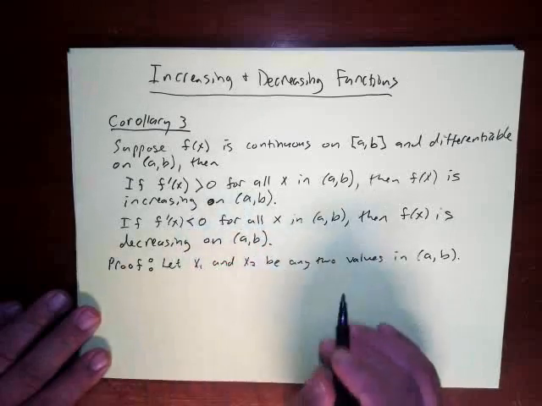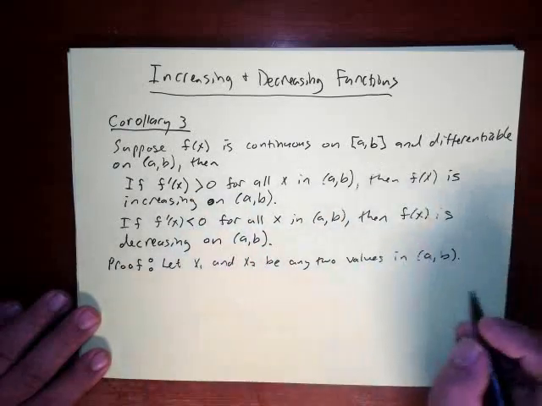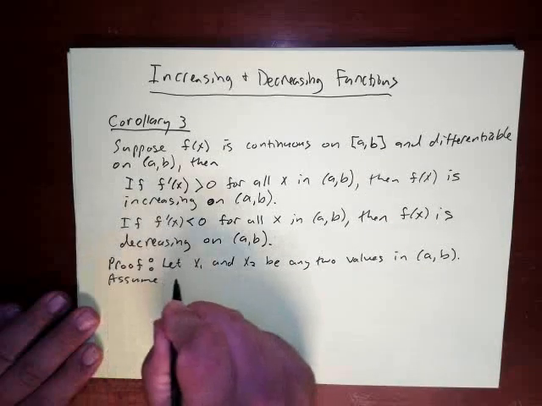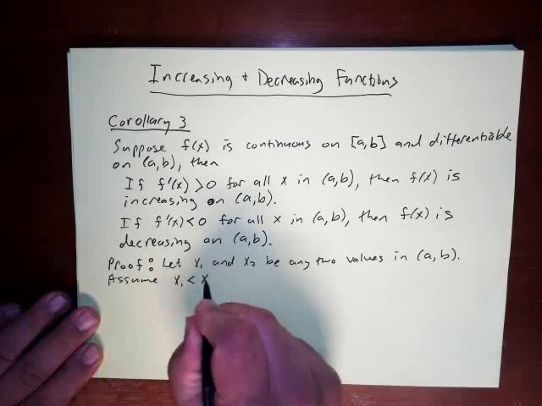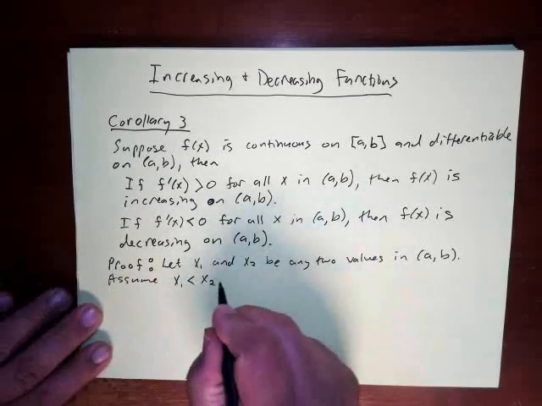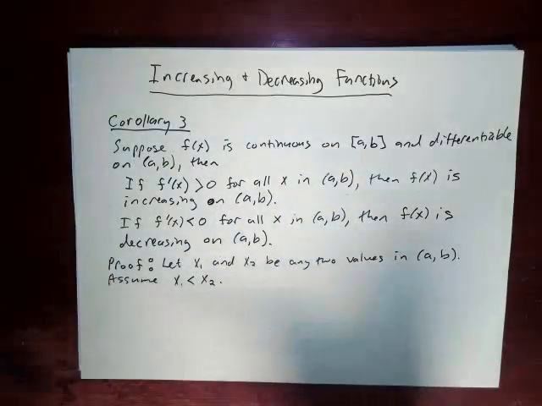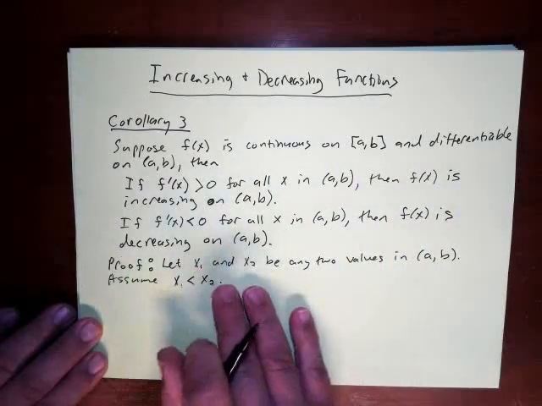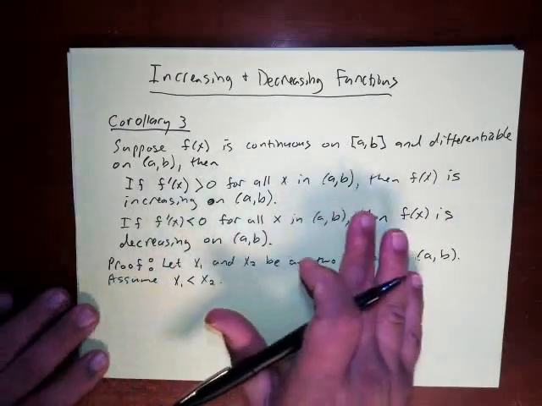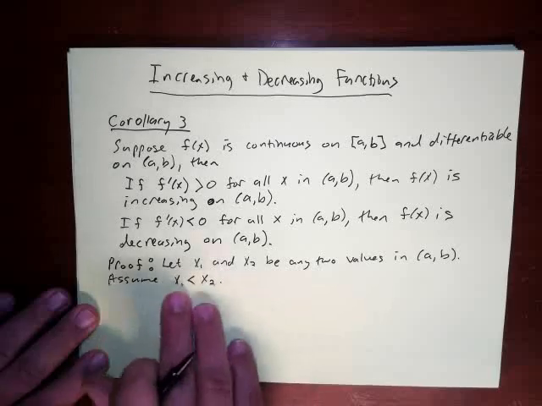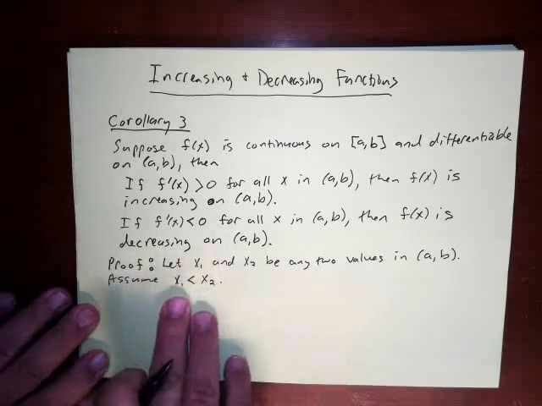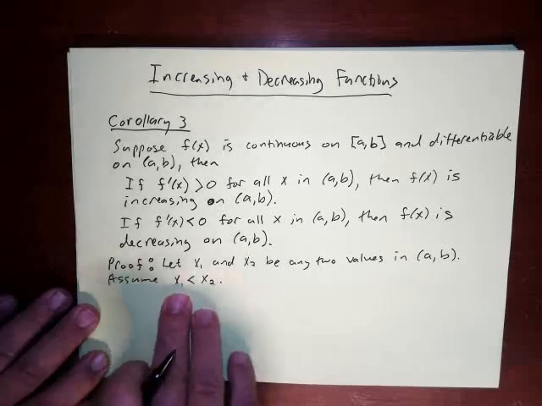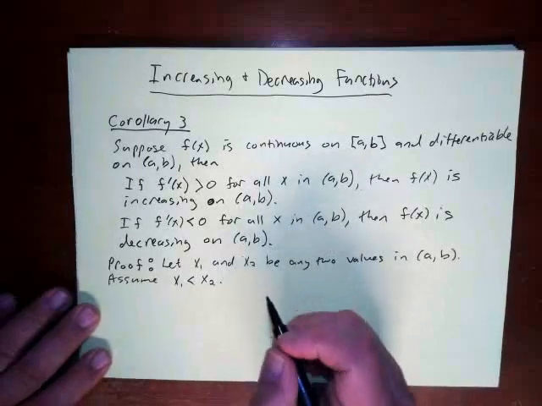Let's assume x1 is less than x2. It could be either way, but whichever one's smaller, the way I would show that the function is increasing is if f of x2 was bigger than f of x1. It would be decreasing if f of x2 was less than f of x1. So how are we going to show this?